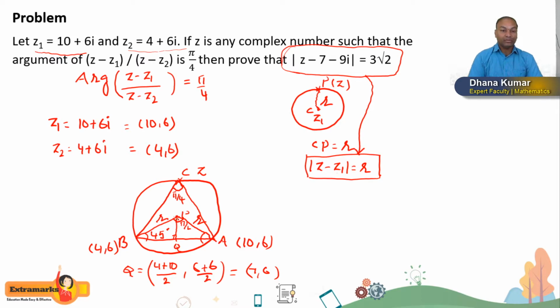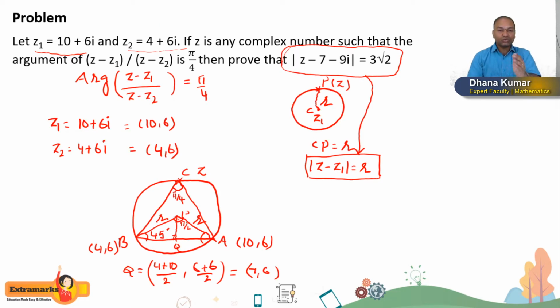Now let us come to the PQB triangle, where angle is 90 degrees. Tan 45, how much? But tan 45 value is what? 1. That is equal to, tan is what? Opposite side by adjacent side.